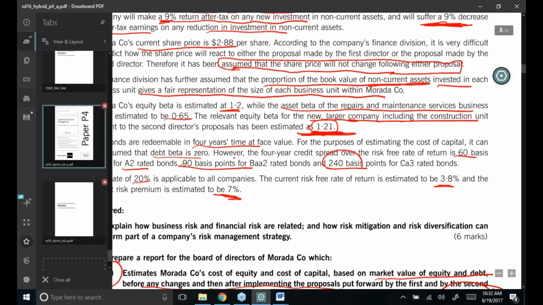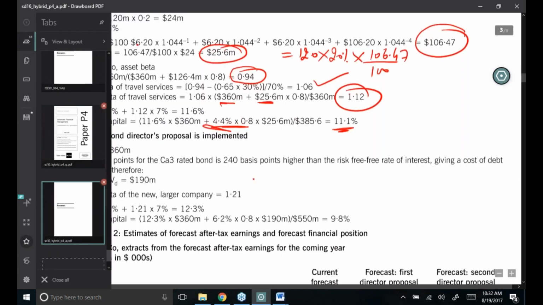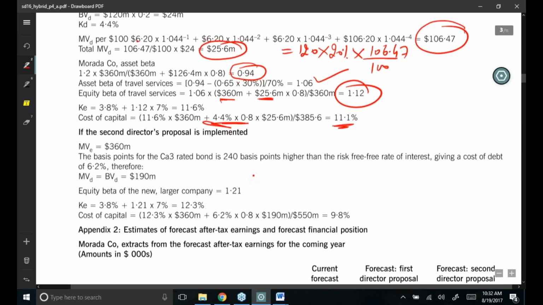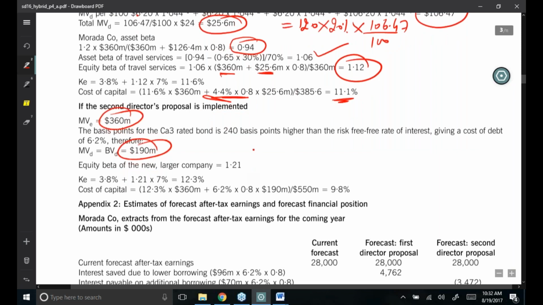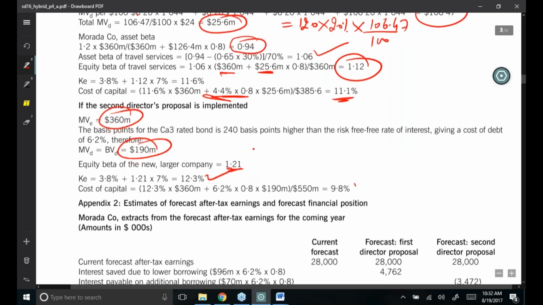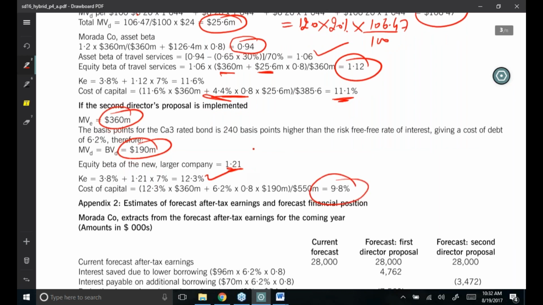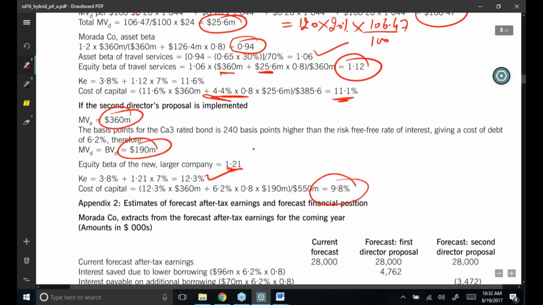Okay, let's move to the answer. Market value of equity is the same. Equity beta is given, so calculate cost of equity, and that's how you calculate cost of capital, which is equal to 9.8%. So that's how you solve the first part of the second requirement. If you have any question from the cost of capital area, please write in the question box.